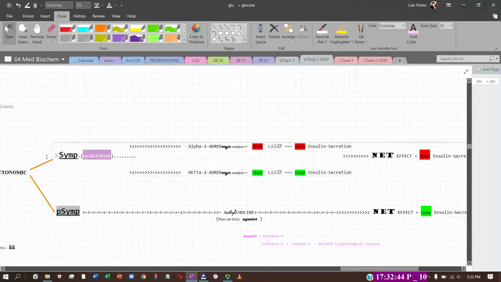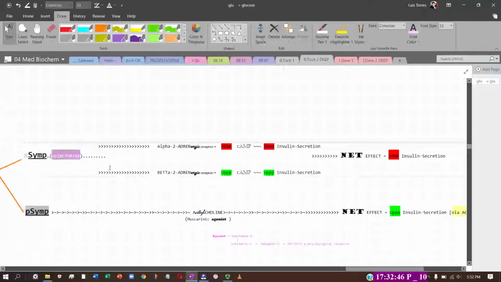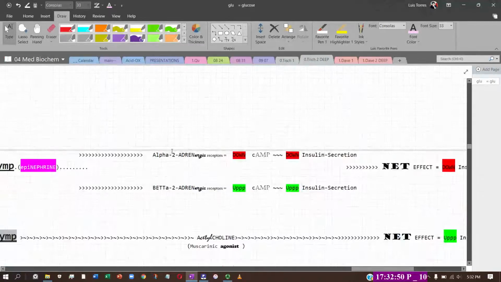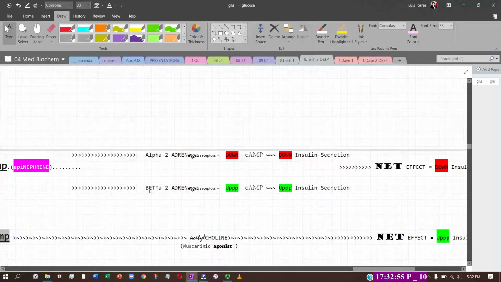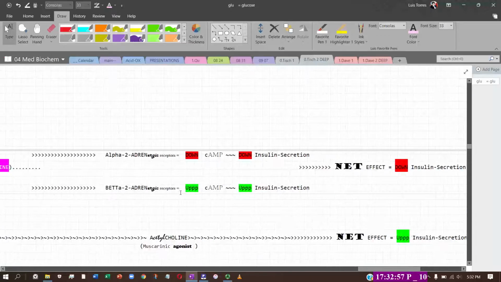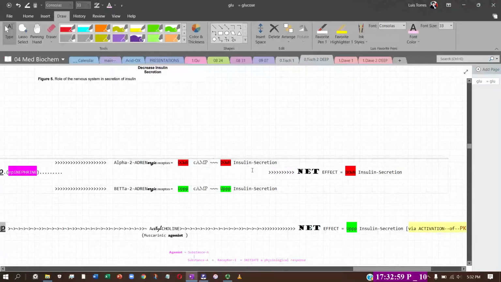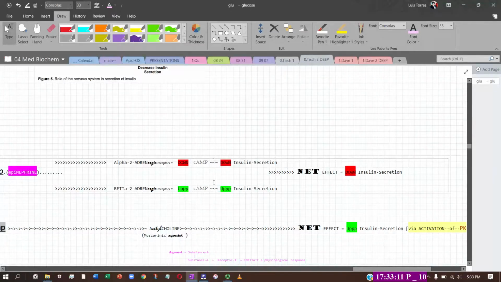Two things to consider under the sympathetic nervous system are the existence of alpha 2 adrenergic receptors and also beta 2 adrenergic receptors. Respectively, they go down, or decrease. I just wanted to use a 4-letter word that's a synonym for decrease.